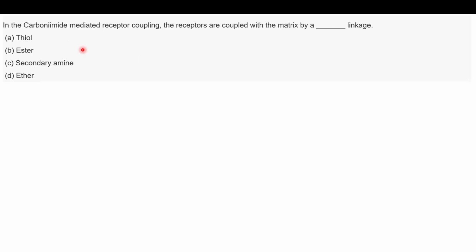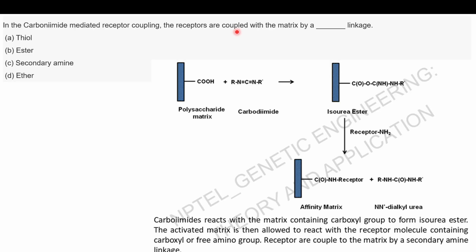Now, in the carbodiimide mediated receptor coupling, the receptors are coupled with the matrix by a dash linkage. There is a polysaccharide matrix and carbodiimide, and then isourea ester is formed, and a receptor having a free NH2 group is added so as to form this affinity matrix, and dialkyl urea is given out.